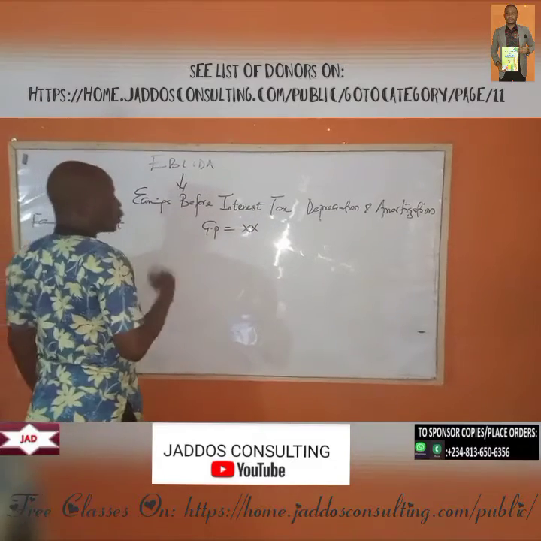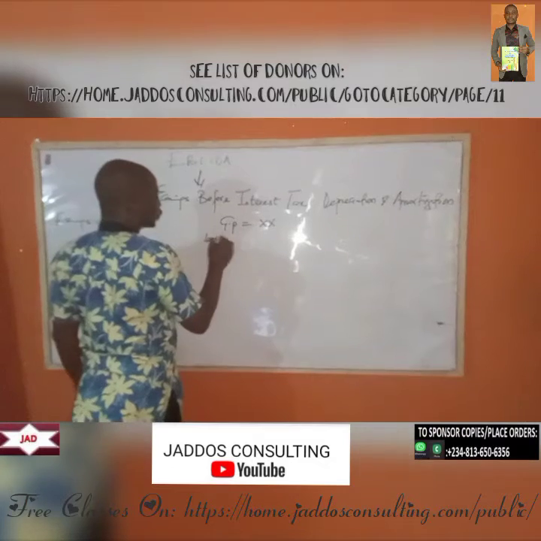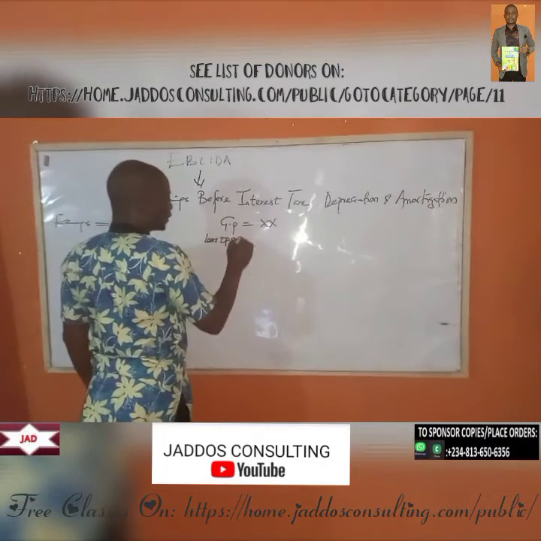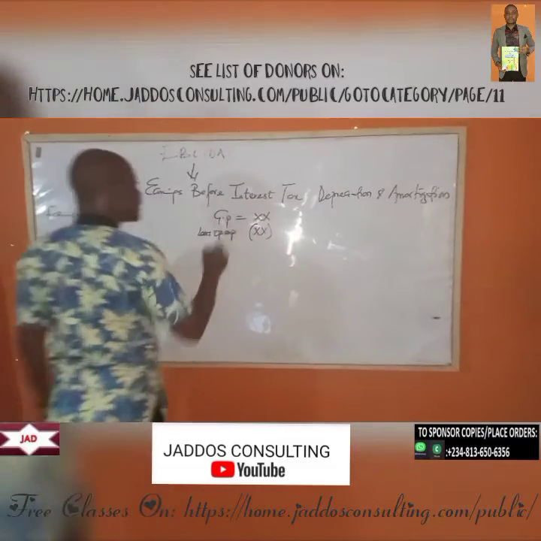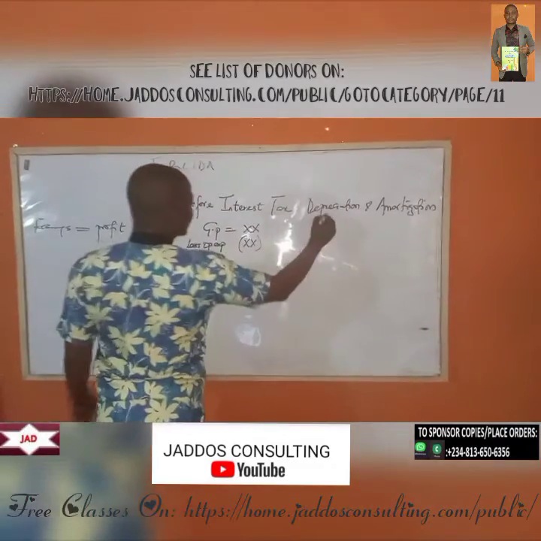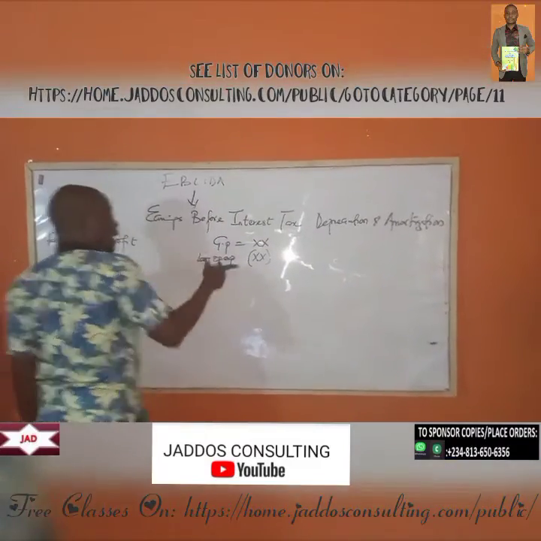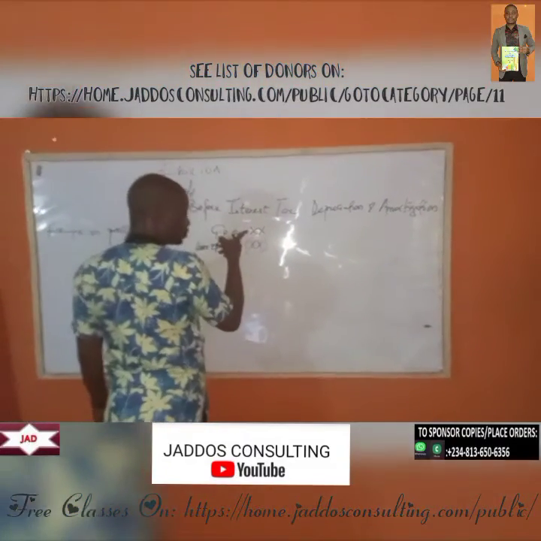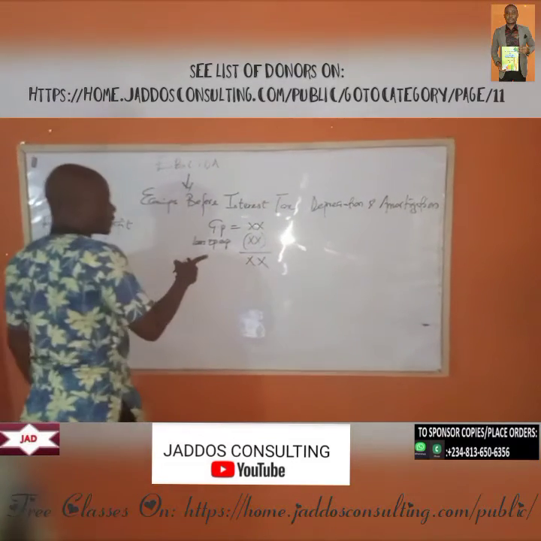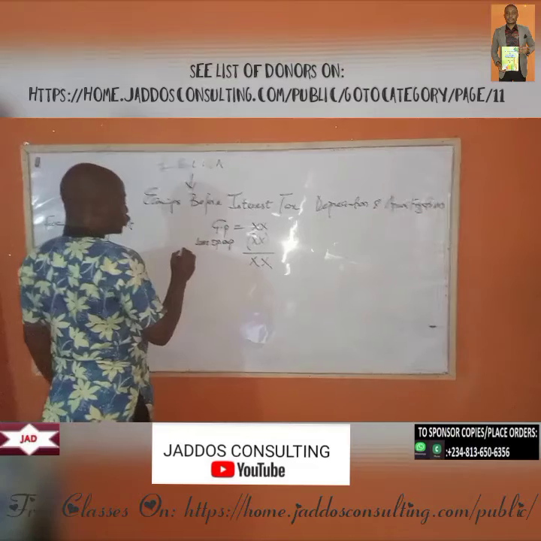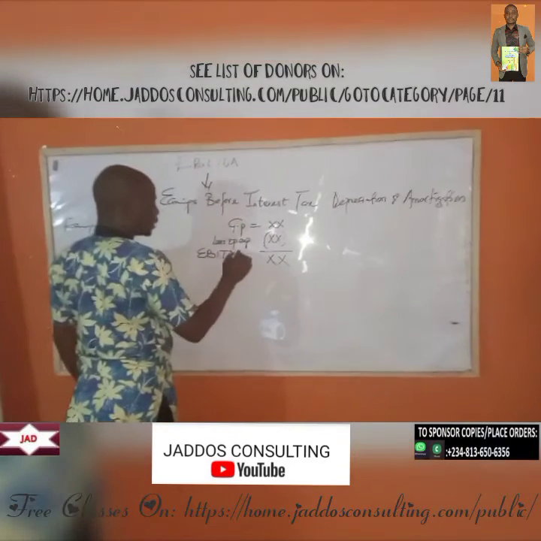Normally what we do is we say less total expenses. But in this case, we say less what? Operational expenses. Now, in these operational expenses, we are excluding interest and depreciation. So when you take out your operational expenses from your gross profit, you have an X amount. This is your earnings before interest, tax, depreciation, and amortization.